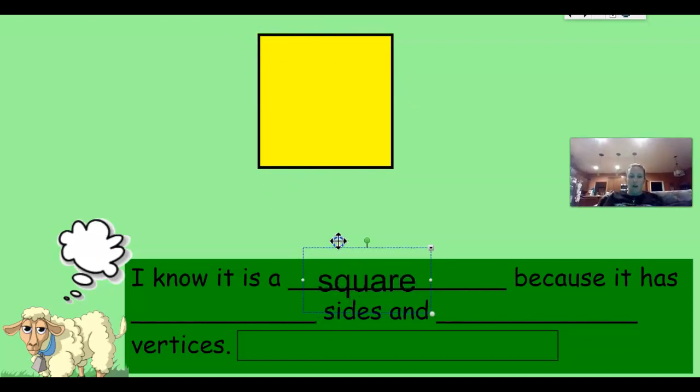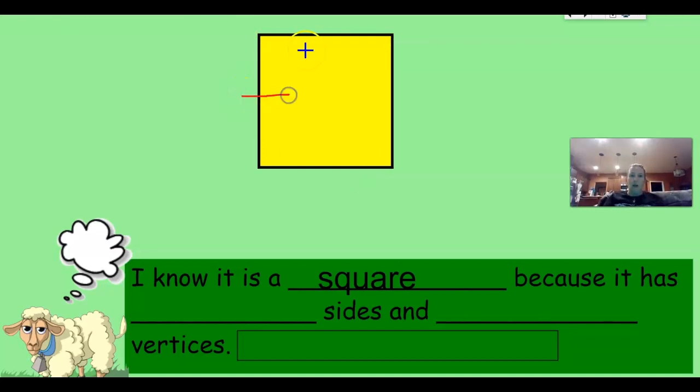There's a square right there. I know it's a square because it has blank sides and blank vertices. How many sides does this have? The sides are the long pieces. How many sides does it have? How many vertices or corners does it have?